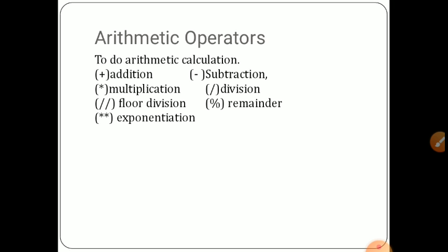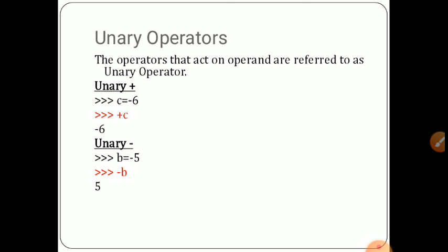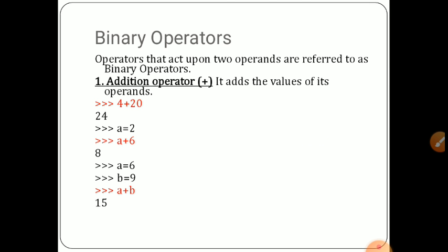These are the arithmetical operators: addition, subtraction, multiplication, division, floor division, remainder and exponent. First, unary operators. Unary operators do the action on only one operand, so that's why they are called unary operators. Binary operators operate on two operands.